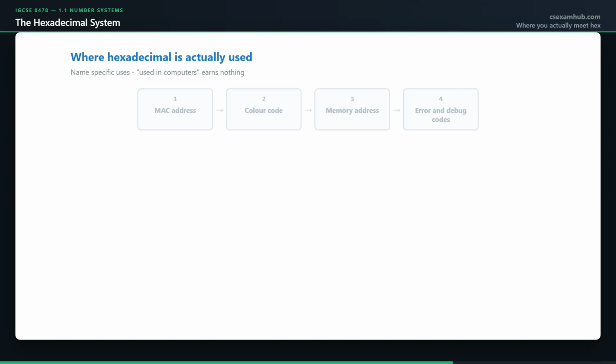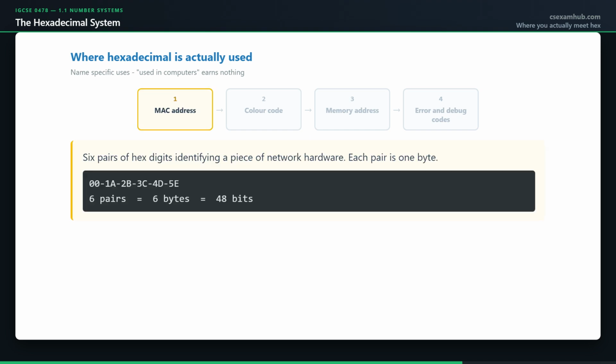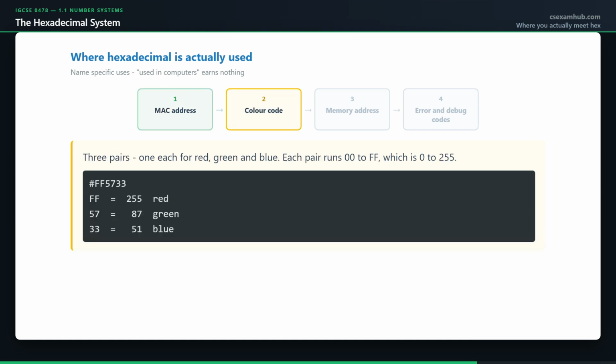The syllabus asks where hexadecimal is used, so let us be concrete because vague answers lose marks here. MAC addresses are written in hex, 6 pairs of hex digits identifying a piece of network hardware, and each pair is 1 byte. Color codes in web pages are hex, hash FF5733 is 3 pairs, 1 each for red, green, and blue, and each pair covers 0 to 255.